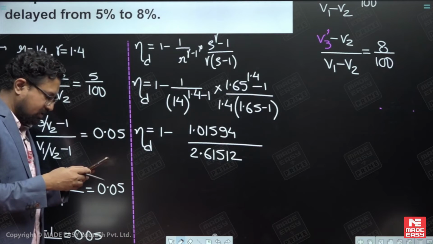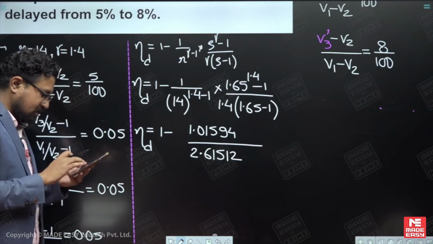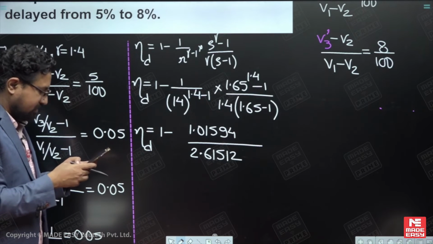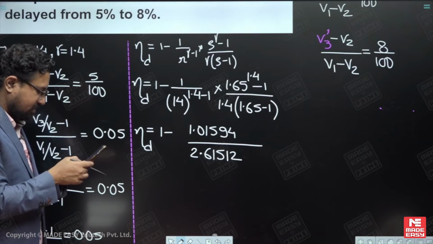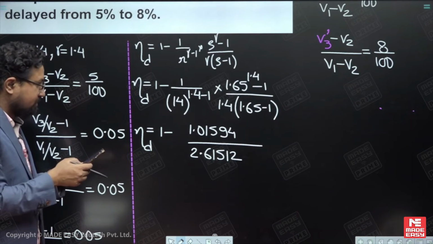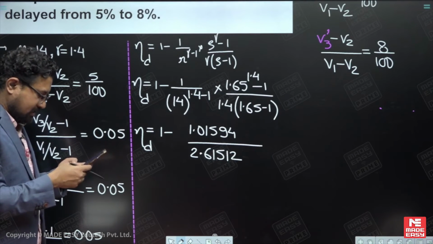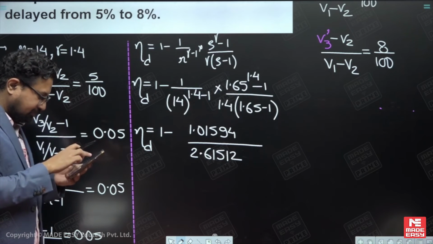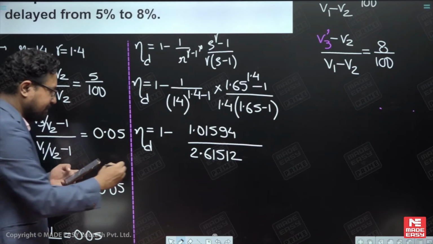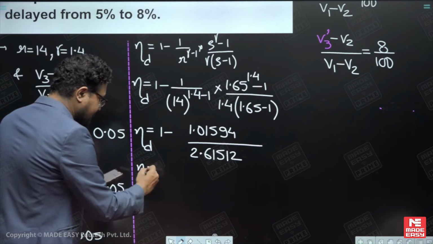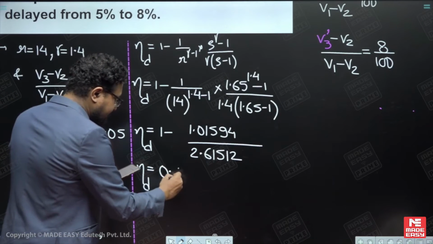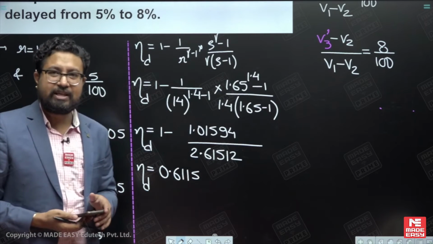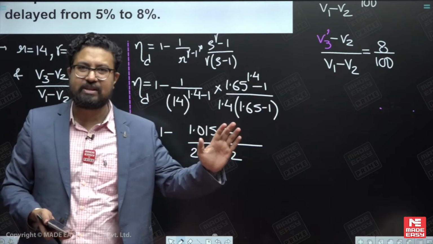Now we can find the value of efficiency: 1 minus this answer. So we are getting the efficiency of the diesel cycle coming out to be 0.6115. This is the efficiency of the diesel cycle for the initial case which they have given.